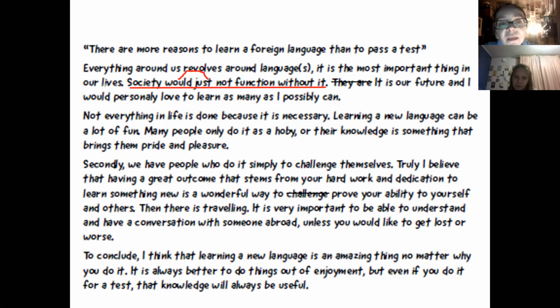Do you notice any other mistakes? Maybe here it should be not simply to challenge themselves, but simply challenging themselves. It's the third paragraph. No, that's okay: do it simply to challenge themselves.